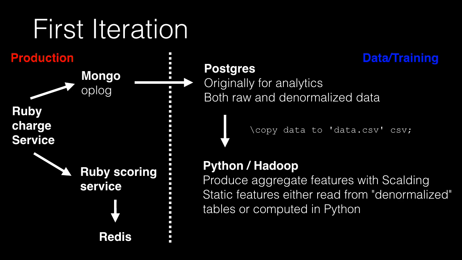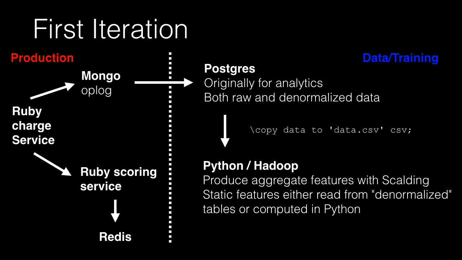Now, of course, the most interesting part here is how we actually do the scoring. What I mean by that is how do we compute the features that we used in training for our production scoring? Because again, we got these features directly from Postgres or from the scalding job that ran on HDFS. And the answer is that we had to re-implement everything from scratch in Ruby.